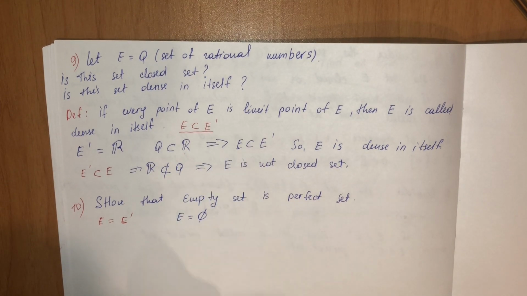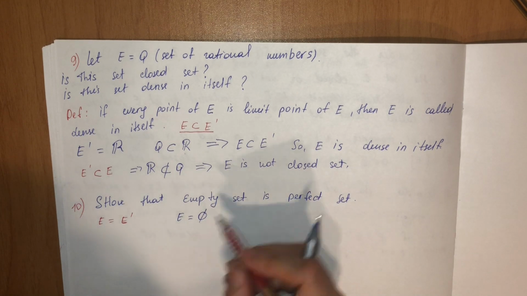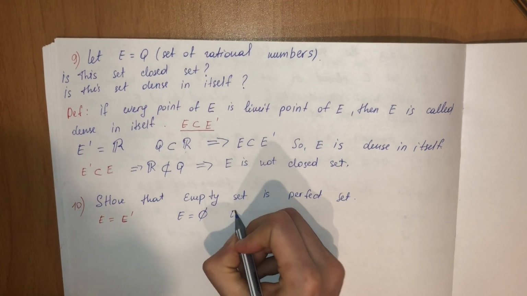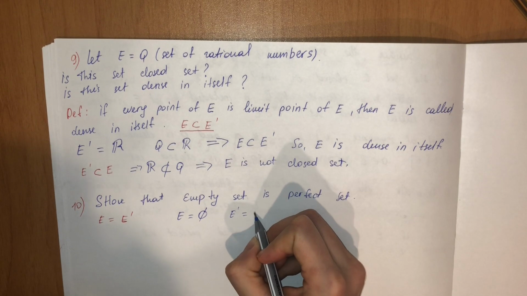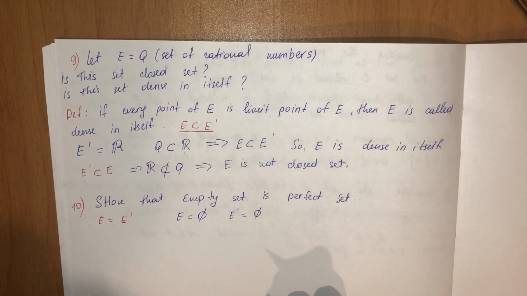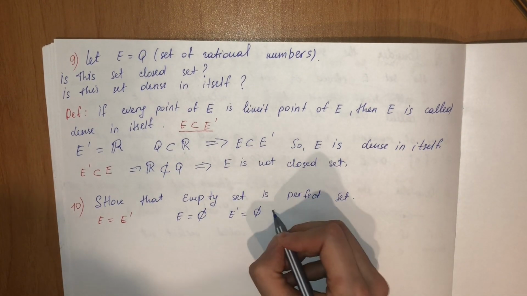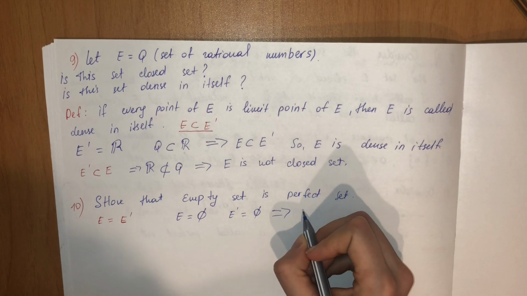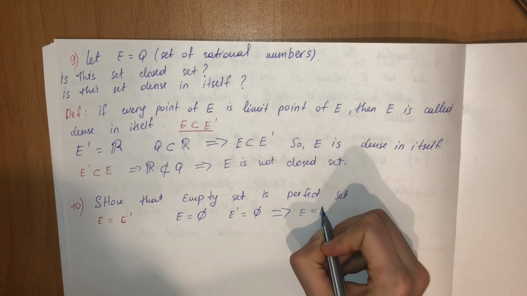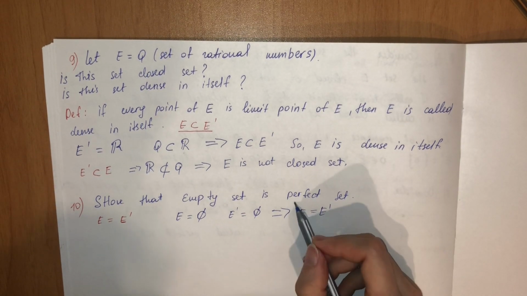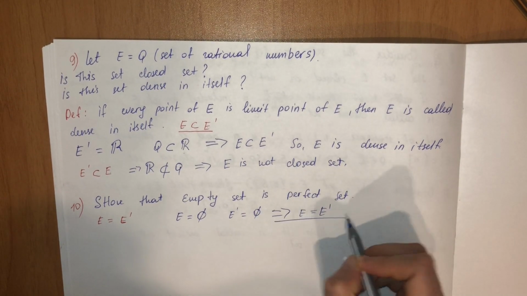What is the limit point of the empty set? The set of limit points is also an empty set. Yes, they are equal. Therefore, we get that E is equal to E prime. So the empty set is a perfect set.